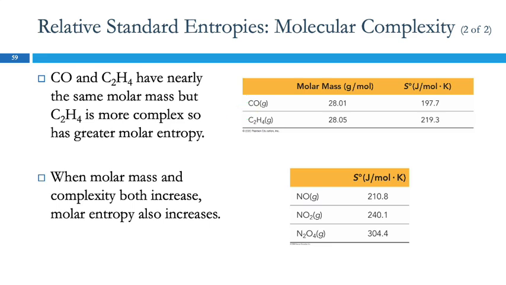If I remember correctly, it's a triple bond, but still, it's just the one connection between two atoms. Here we have a lot of different bonds, and each of those can have vibrational motion, and that adds to the entropy. If molar mass and complexity are increasing, then of course the molar entropy also increases. So here we're adding oxygen and nitrogen atoms to these. They get larger, but they also get more complicated.